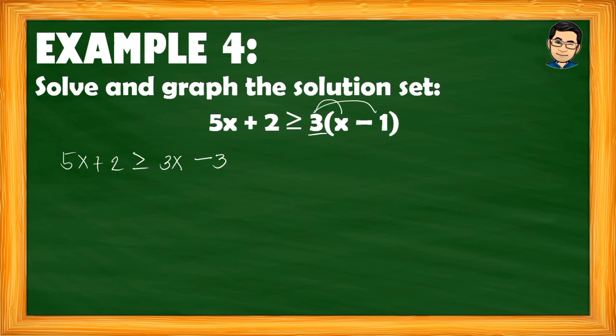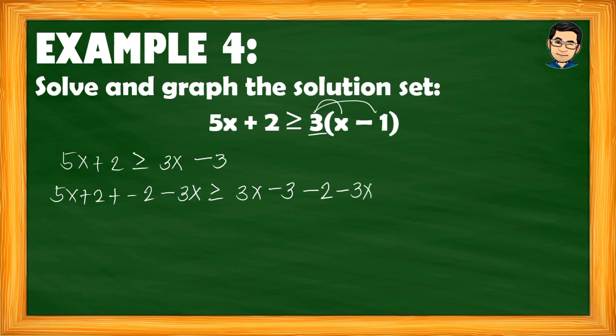And then, applying addition property of inequality. 5x plus 2, mag-a-add tayo ng negative 2. Mag-subtract din tayo ng 3x, is greater than or equal to 3x minus 3, and then minus 2 minus 3x.